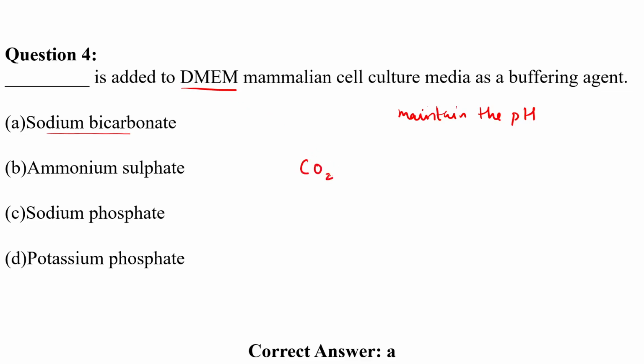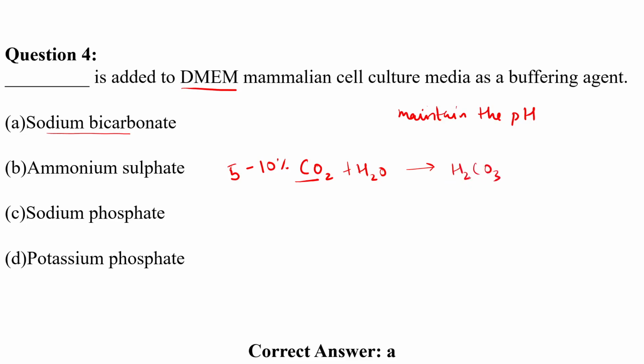That means we are providing CO2 to these cells, generally 5 to 8 percent. What does the CO2 do? The CO2 dissolves in water that is present in the medium, and becomes carbonic acid.